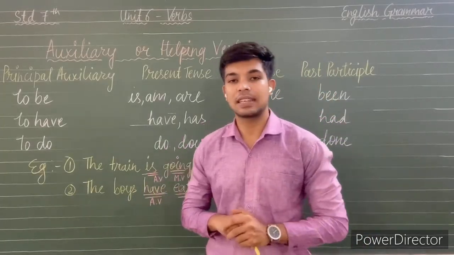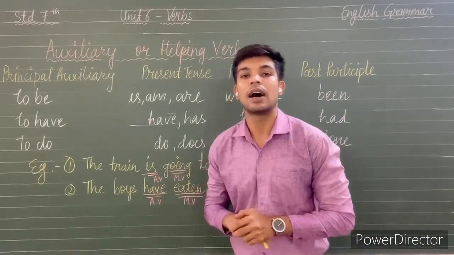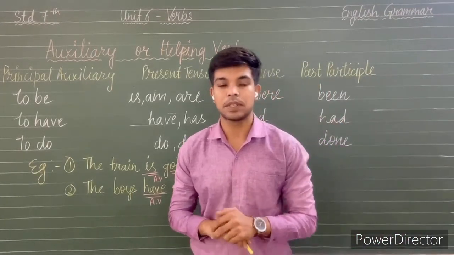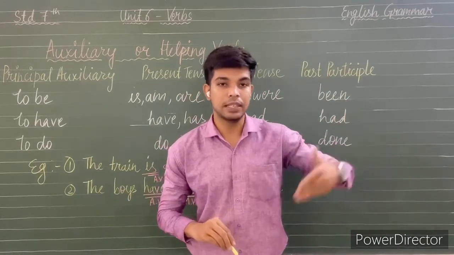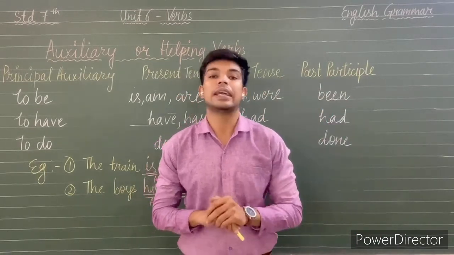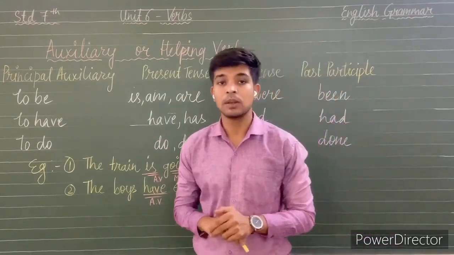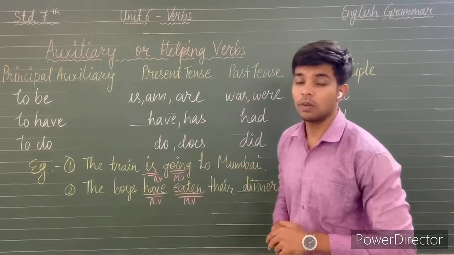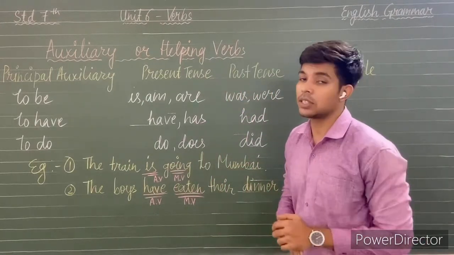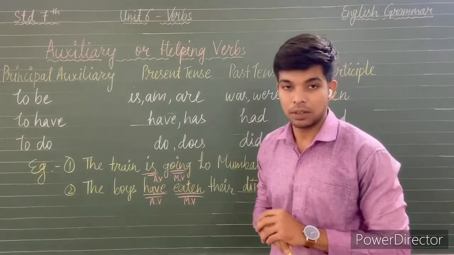Earlier in our previous classes, we have studied that verbs have different types. For example, in this class, earlier we discussed transitive and intransitive verbs, regular and irregular verbs. Now we will look at the other kinds of verbs, auxiliary and the main verb.